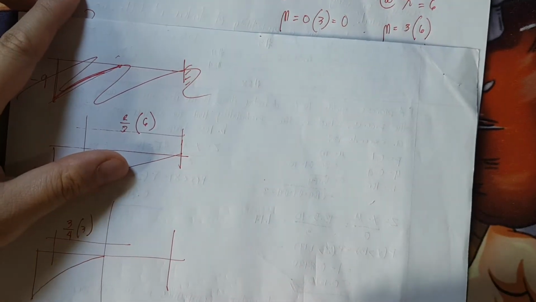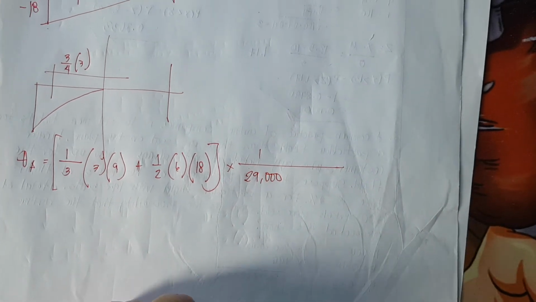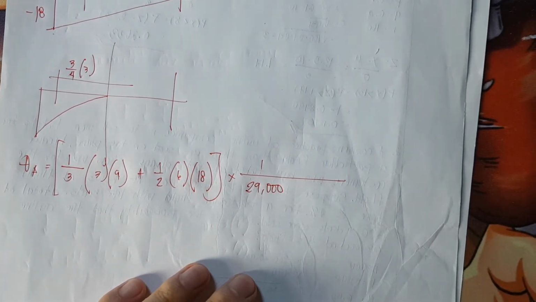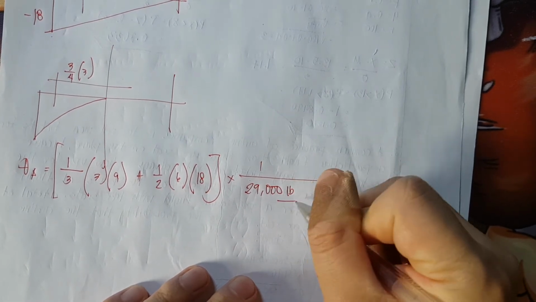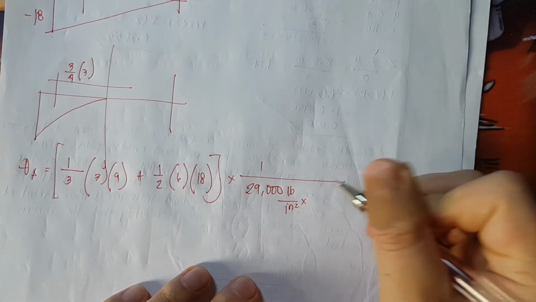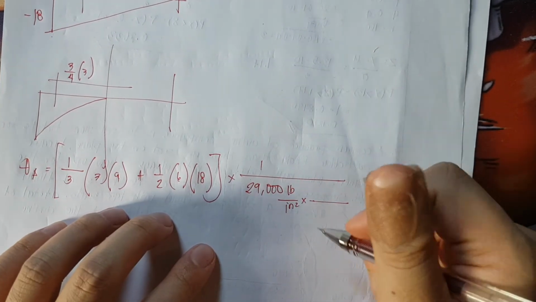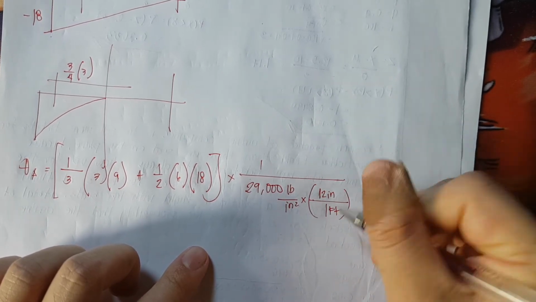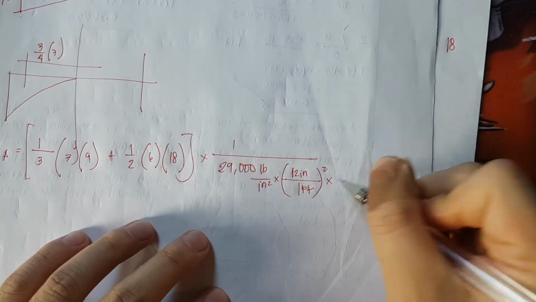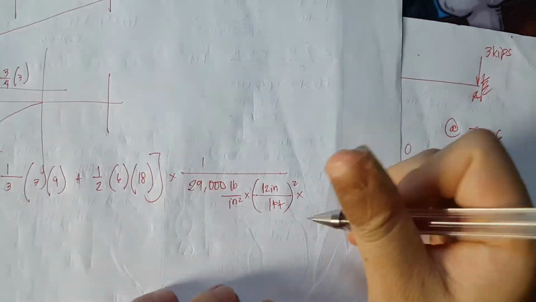So, ano yung E natin? E is equivalent to 29,000 PSI. So, 29,000 PSI pound per square inch times, gawin nating feet because this is in feet to make it consistent. 12 inch is 1 foot squared times the moment of inertia, 245 inch to the fourth.